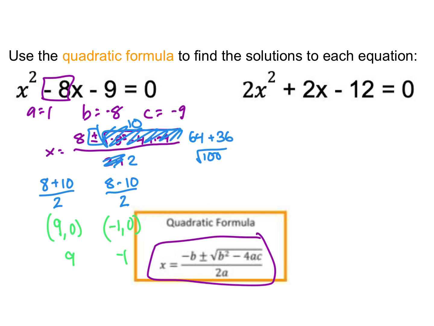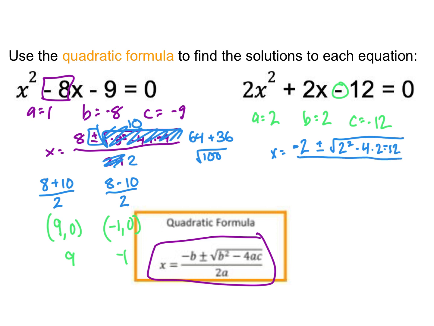Okay, the second one. My A equals 2, my B equals 2, and my C equals negative 12. Here we go. X is equal to negative B plus or minus the square root of b squared minus 4 times a times c, it says negative 12, all over 2a.